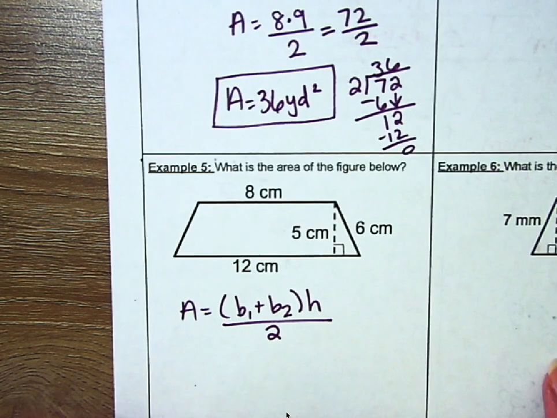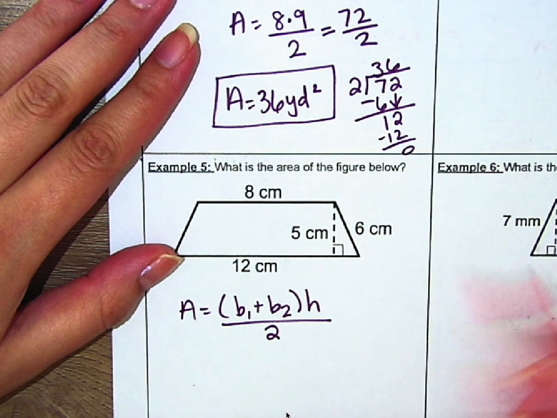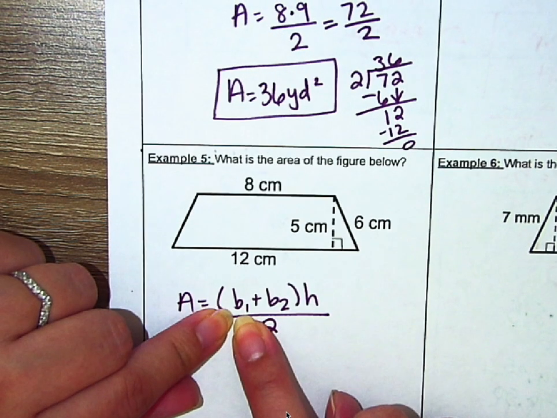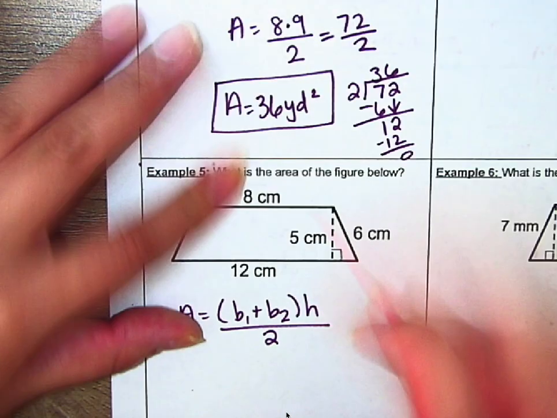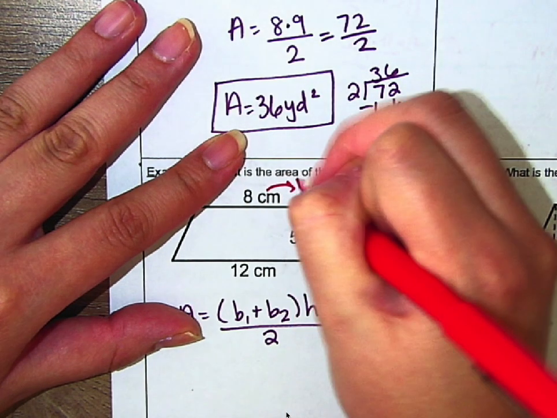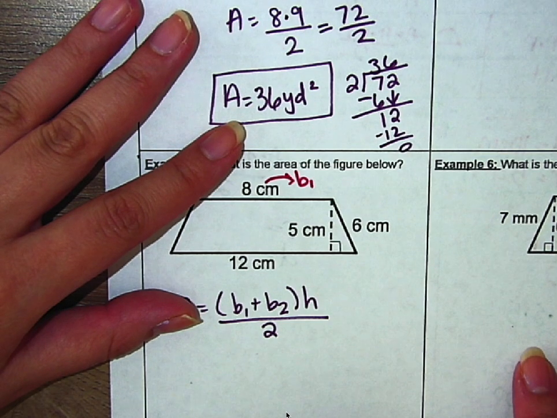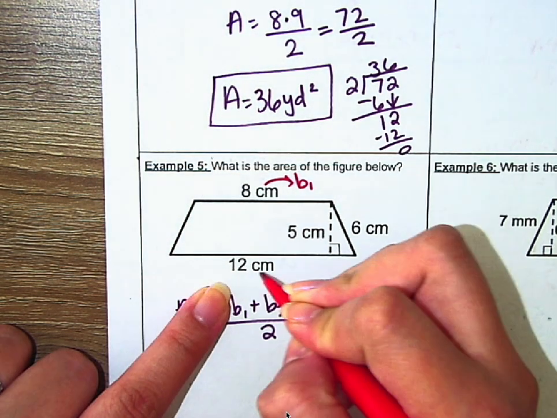Now, since this is the first time we're really seeing this, I'm going to label all of my sides here. Okay, my base 1 is usually going to be at the top of the figure. So this number is base 1. Label that.